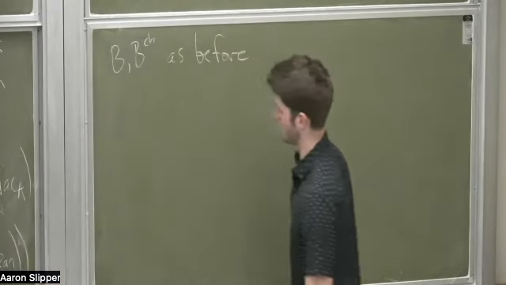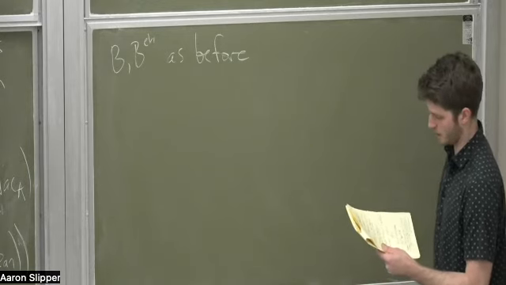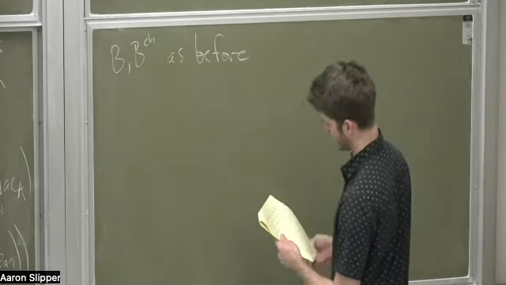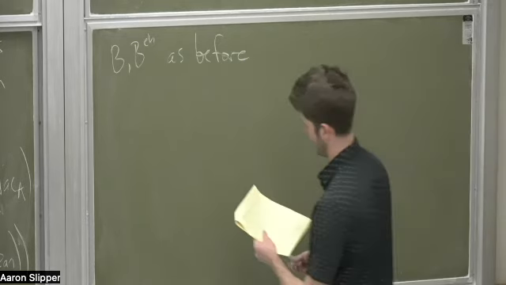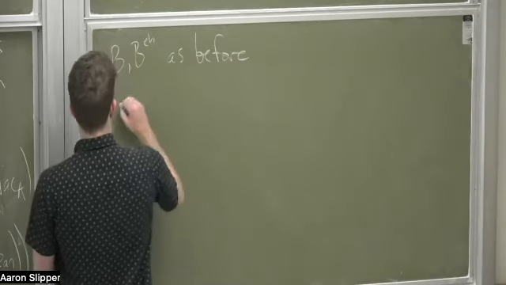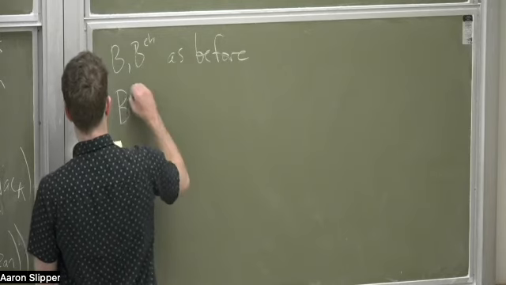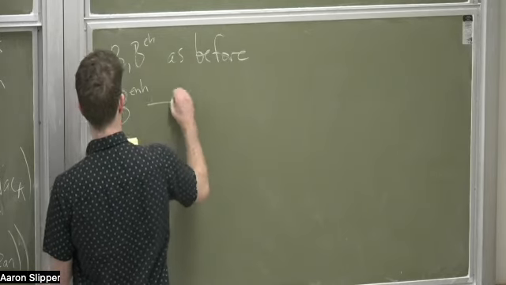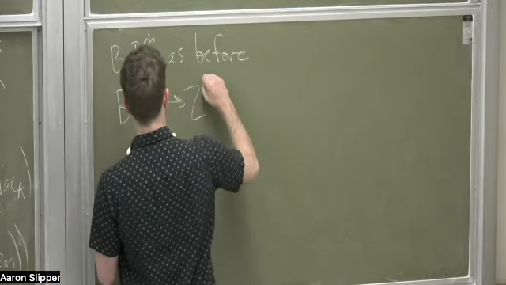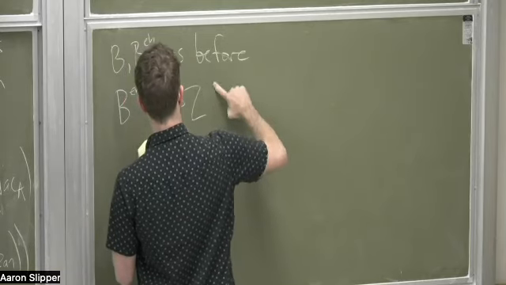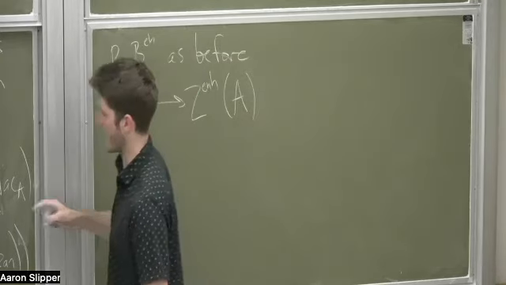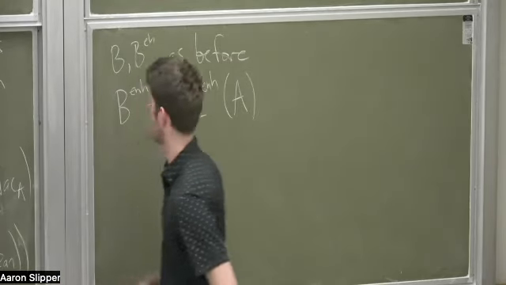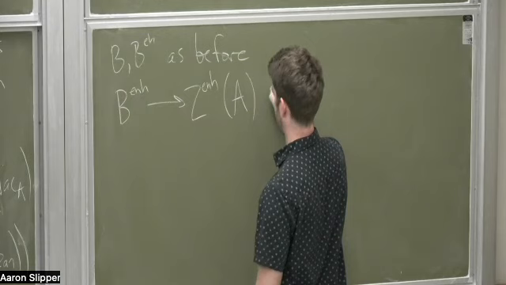So Spec B lives over the point on G, or over Opers G on the disk, right? And suppose we're given a homomorphism from B enhanced to this enhanced center of A. A is the same thing as before.